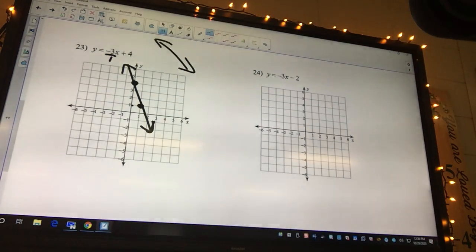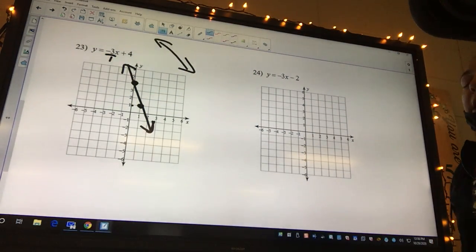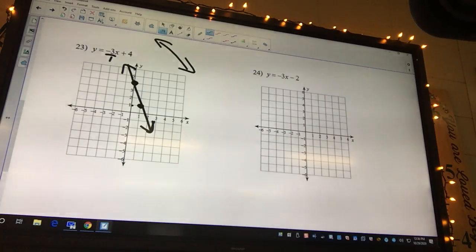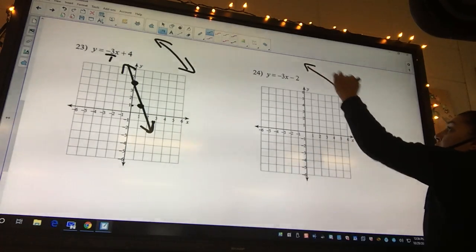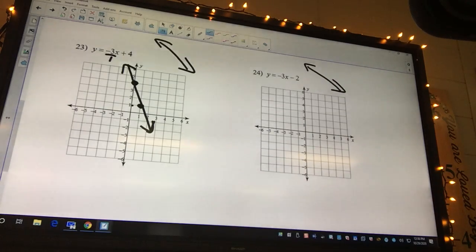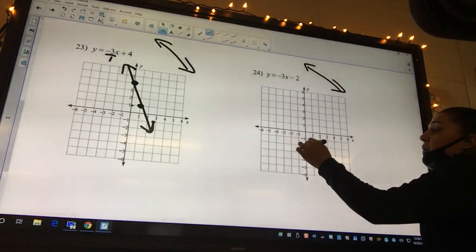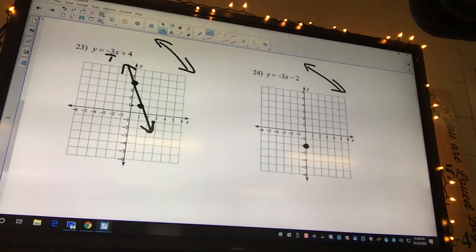Yep. So if we look at 24, is that a positive or negative slope? Negative. It's a negative slope, so that lets us know our picture should look like something like this. It should be going that way. Okay, our y-intercept is at -2. Okay, and we rise how many? 3. 3, and we go over how many? 1.